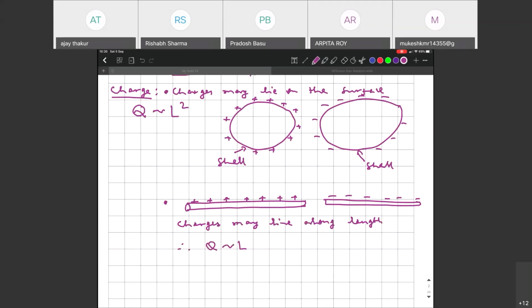In that case, Q will rather go as L. So depending on the scenario or the exact physics problem at hand, these scaling laws will change, of course.